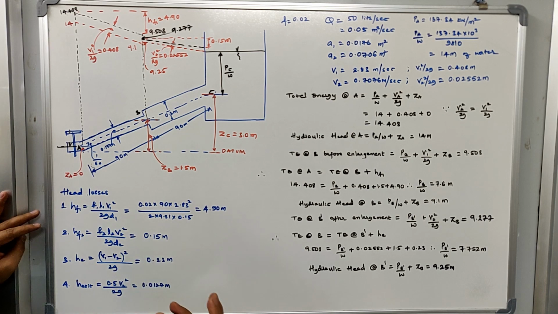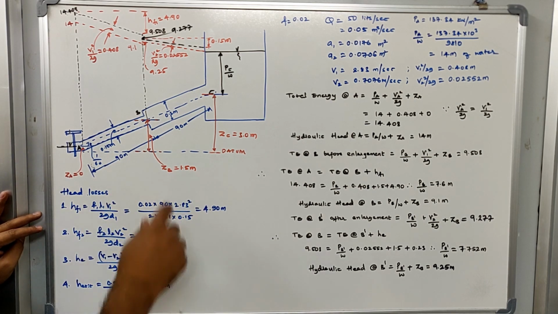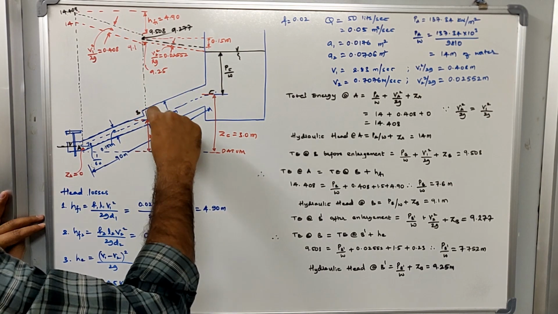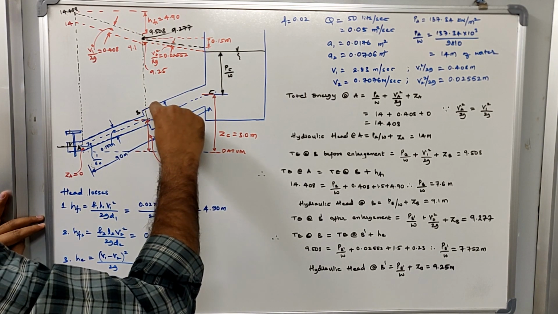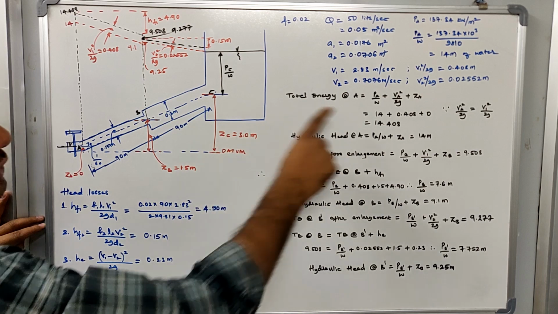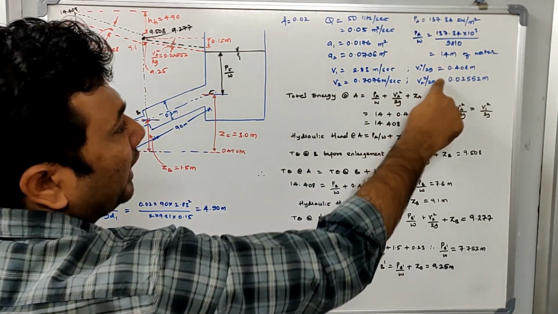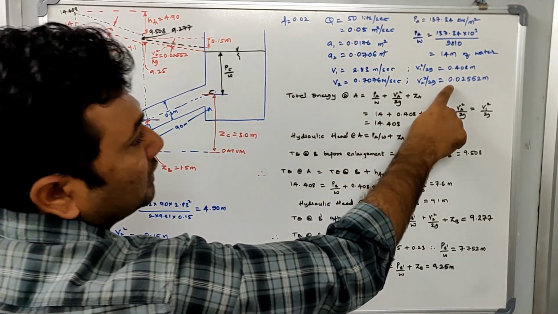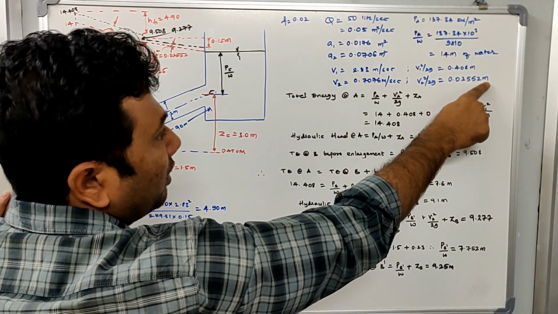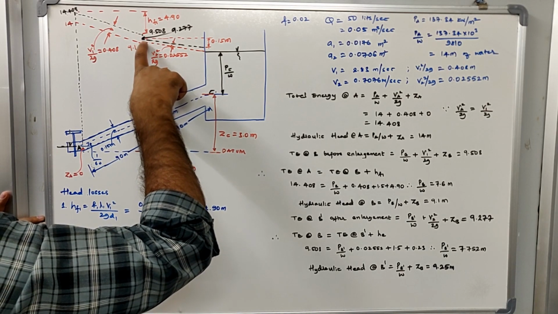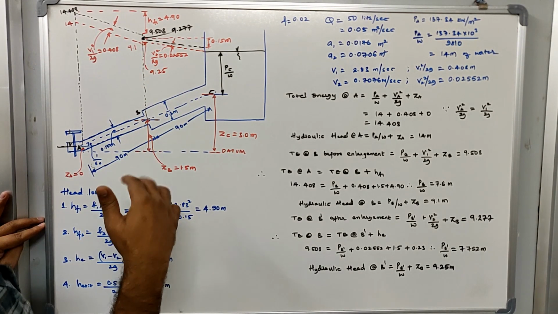This basically happens because, as we know, this is the smaller diameter pipe, so the velocity head will be great here. As the diameter gets increased, the velocity head will suddenly get reduced, as you can see here. The velocity head before the expansion is 0.408 and the velocity head after the expansion is reduced to a very small number, right? Because of that, the hydraulic head after the expansion is going to increase.